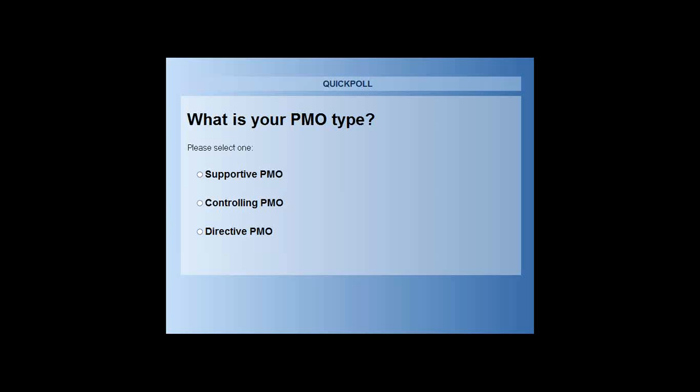So that's crucial in terms of PMO establishment: what is the process, how do you actually govern that process, and what are the tools you're going to use to govern that process? And that's I think the main one here.